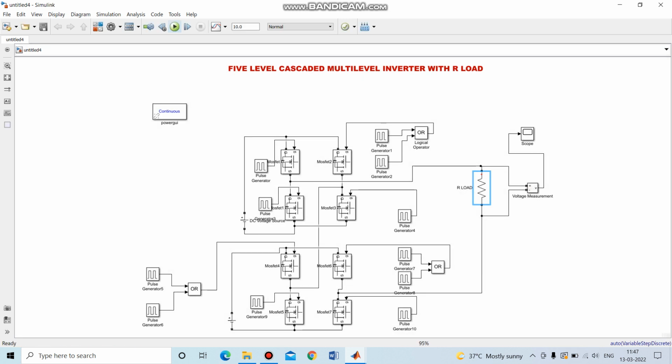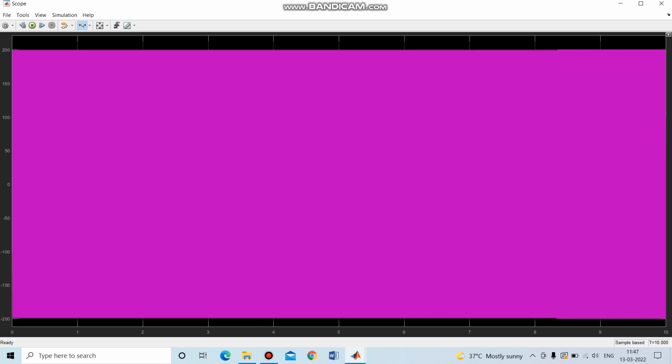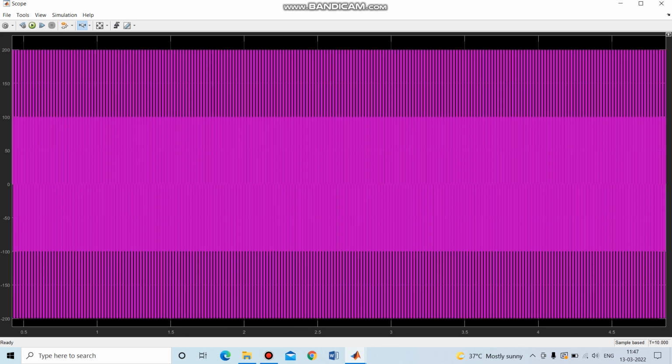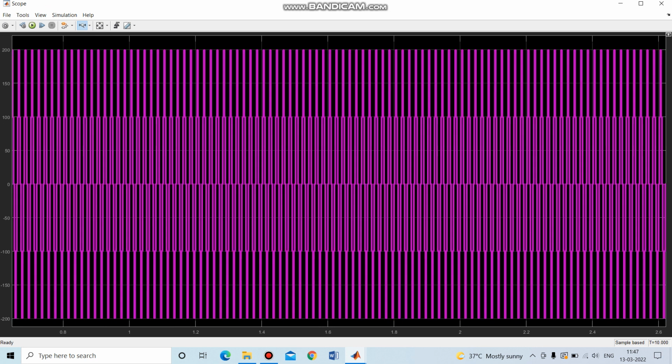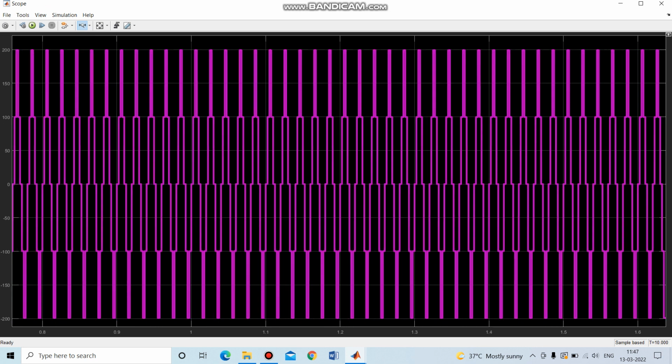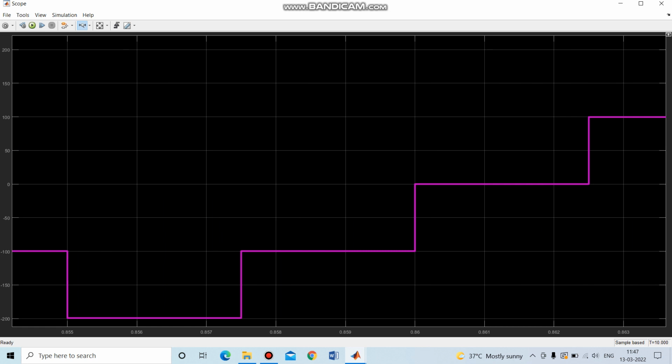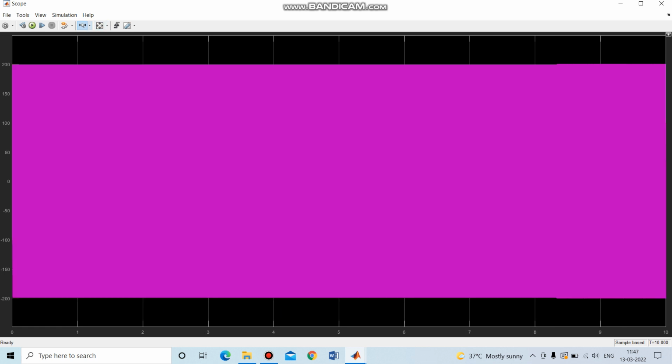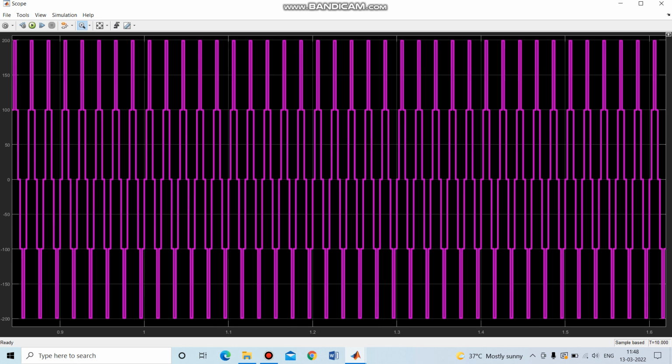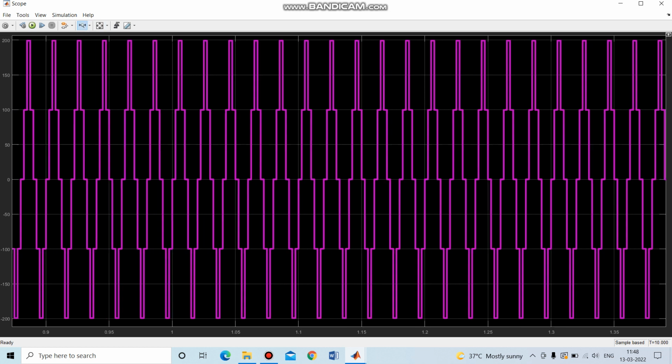Once you simulate, we can see the output on the scope. Your output can be seen here. For a clear view, you can see here, and you can adjust it.